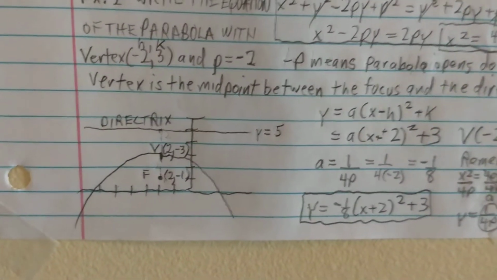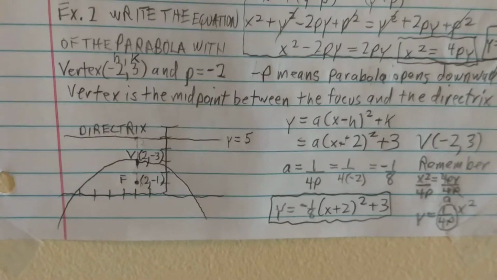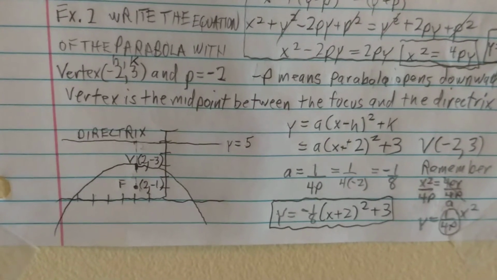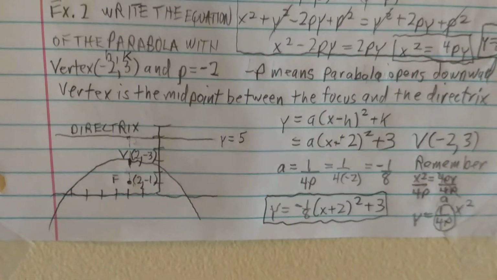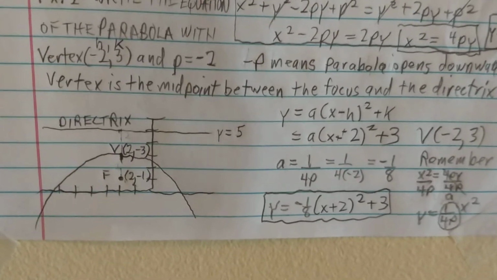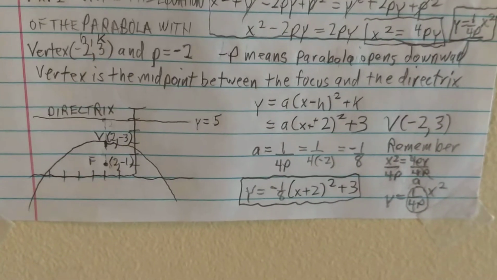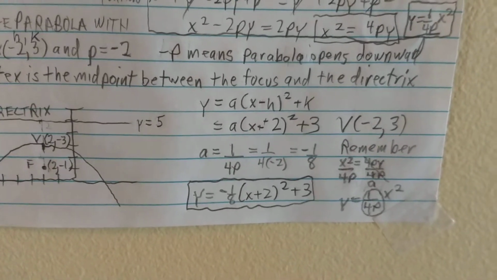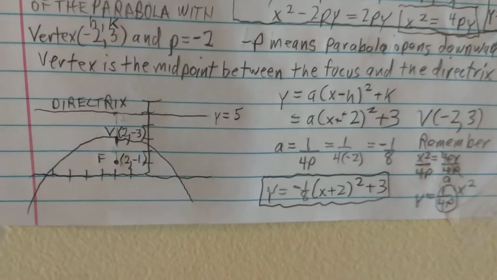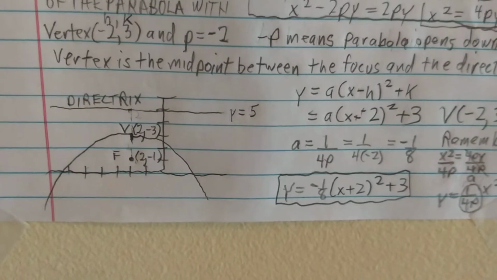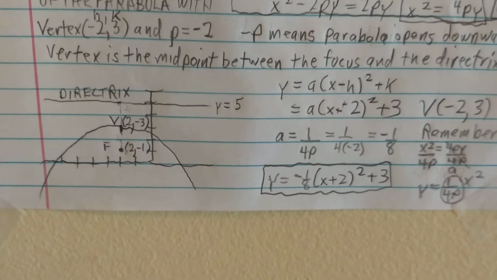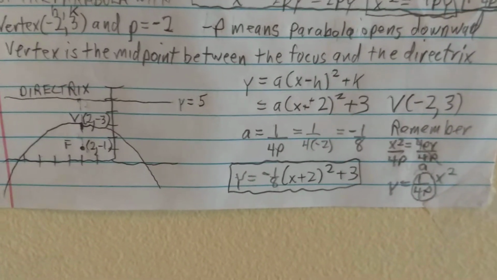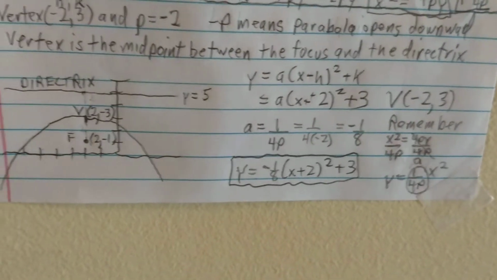Okay? Now, on example 2, we want to write the equation of the parabola with vertex (h, k) equals (2, negative 3), and p equals negative 2. Now negative p means the parabola opens downward, because we have upward and downward, and the vertex shown there at (2, -3) is again the midpoint between the focus and the directrix line.